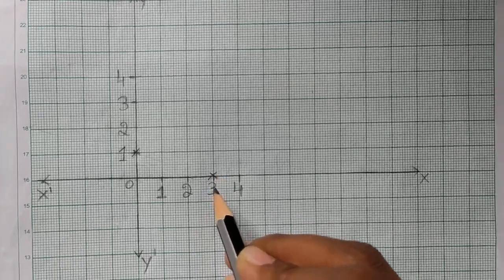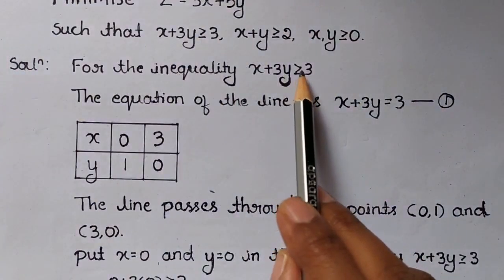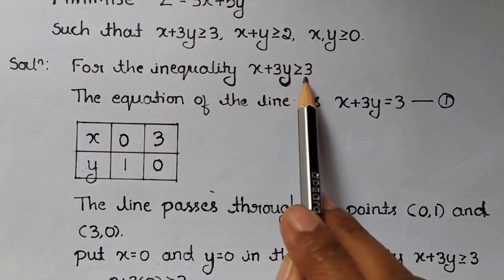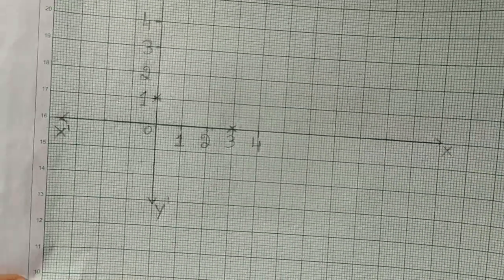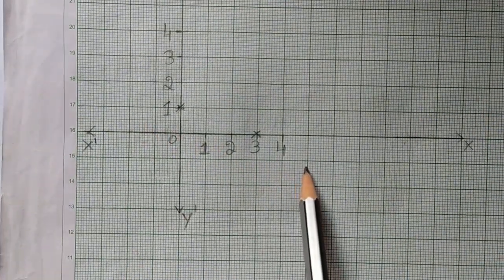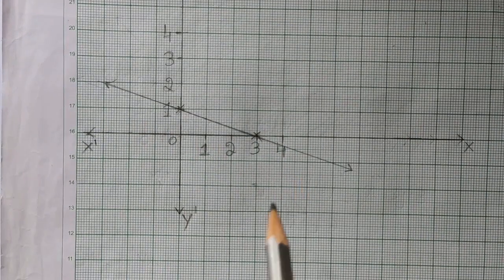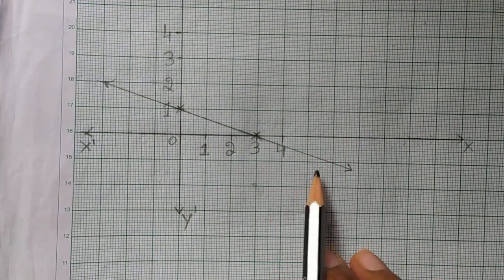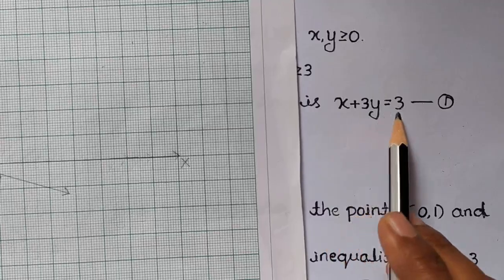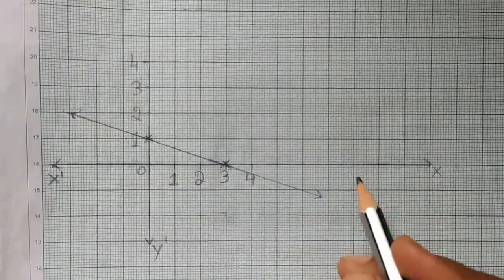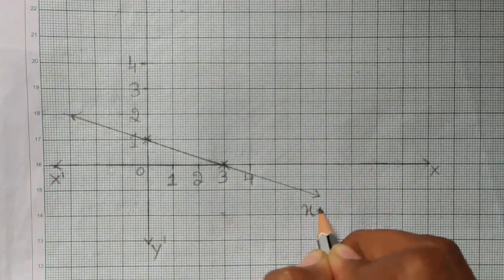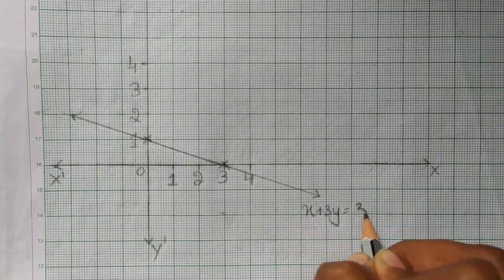Also, the inequality contains the equality sign. We draw a solid line passing through these points. I have drawn the line. Now the equation of this line is x plus 3y is equal to 3. For our convenience, I'll write the equation of this line in the graph.